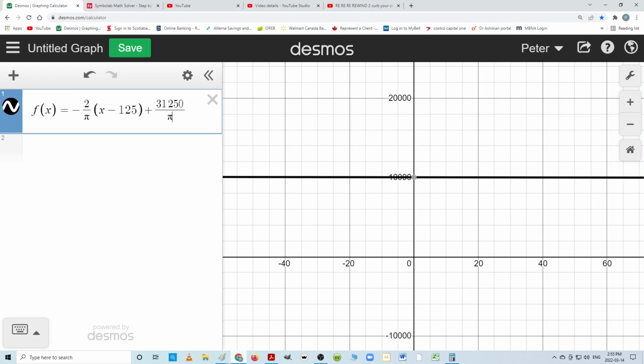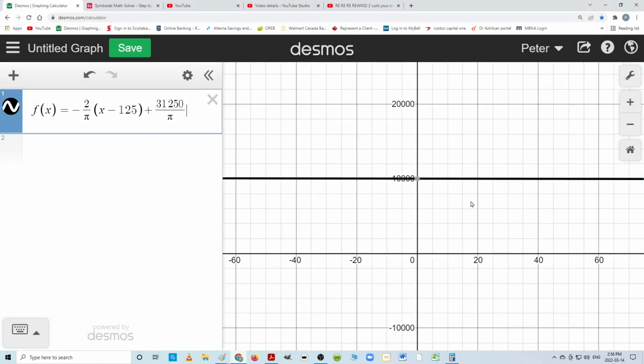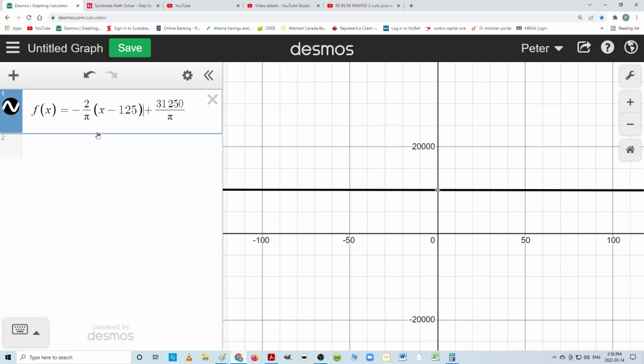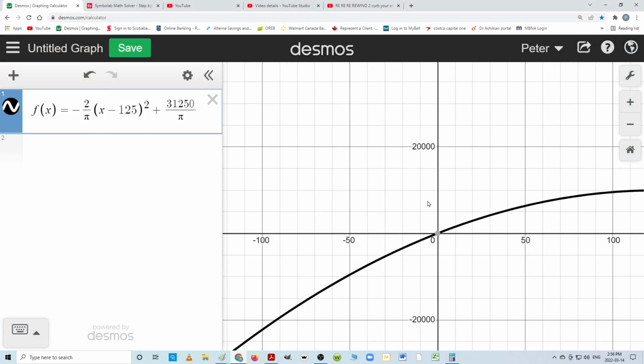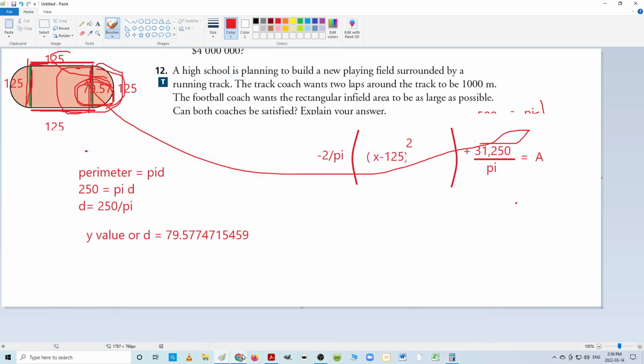There we go. So if I were to graph it, that's what it would look like. And don't forget, you've got to always put a square here. Otherwise you don't get a parabola. And that's going to be the max value. And there you can see the max area of the square, which is what our focus was.